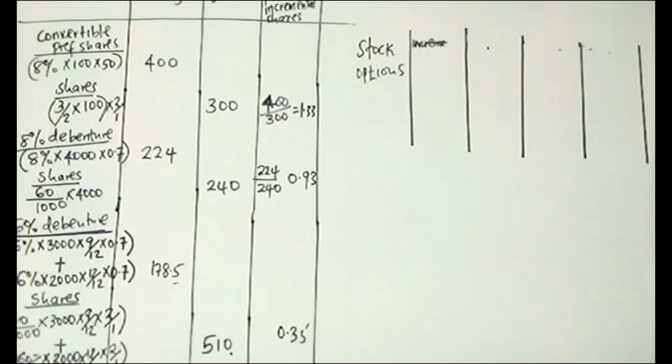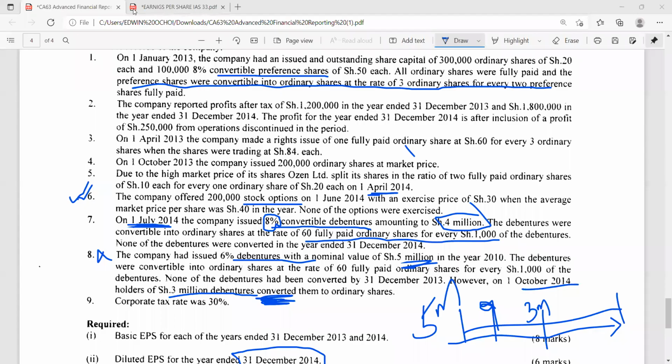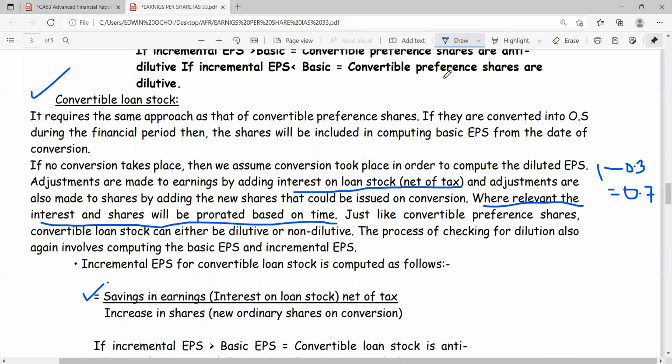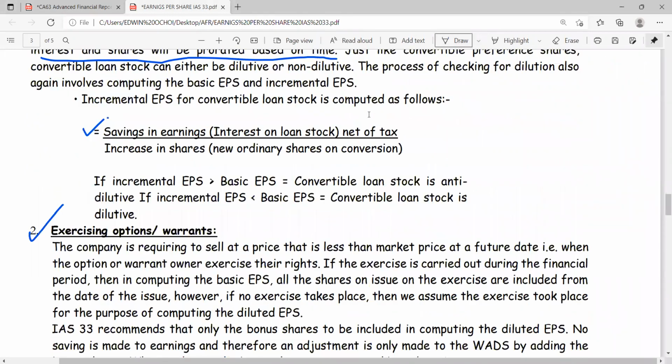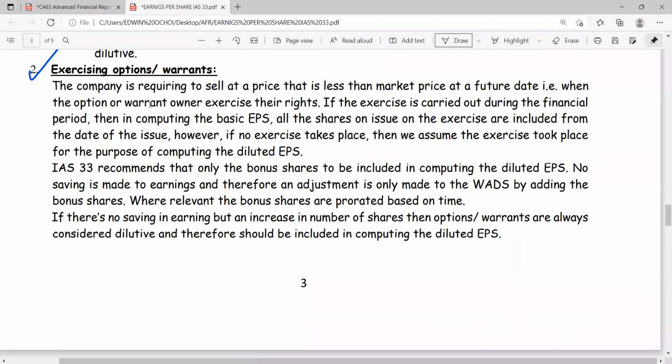Now for stock options, I want to go back to the notes again so that I make you understand what, as a student, you are supposed to do under stock options. Under the stock options, exercising options or warrants, a company is required to sell at a price which is less than the market price at the future date.